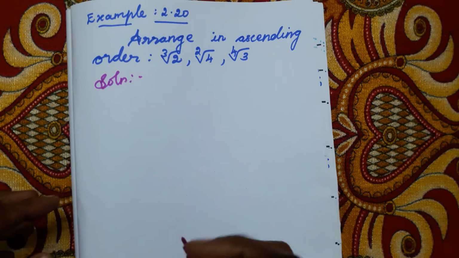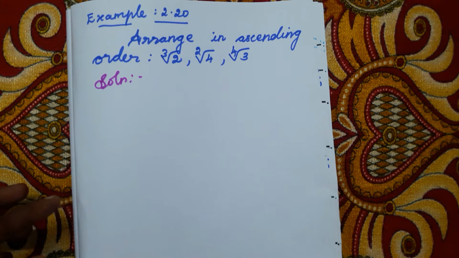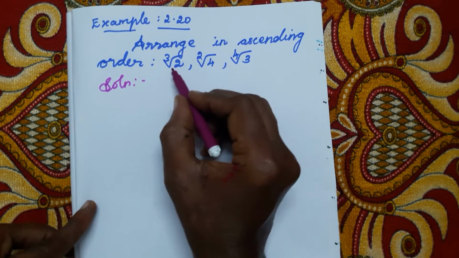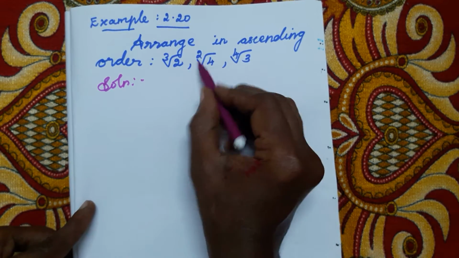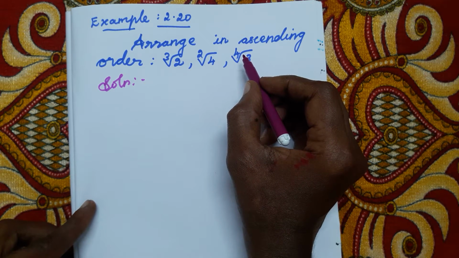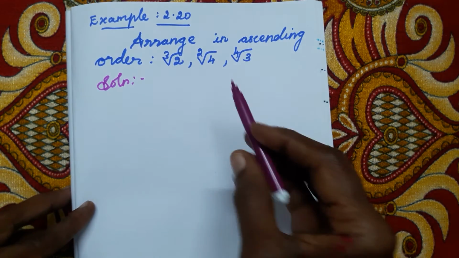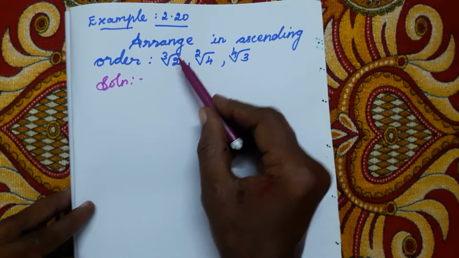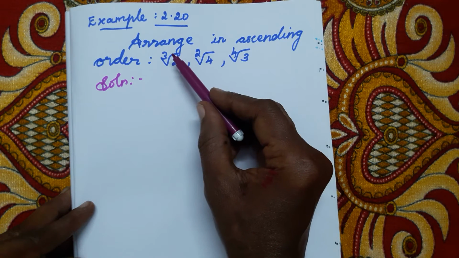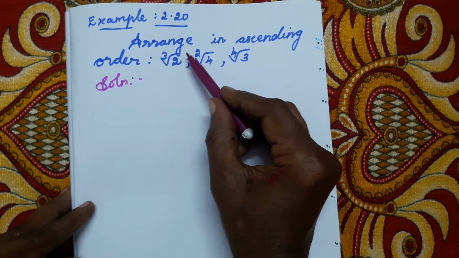Now, I am going to explain example 2.20. Arrange in ascending order. 3 surds are given. We have to arrange them in ascending order, which means we have to convert these 3 surds to the same order.